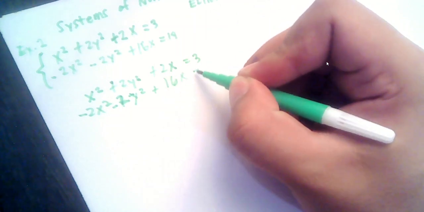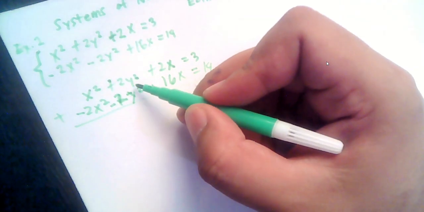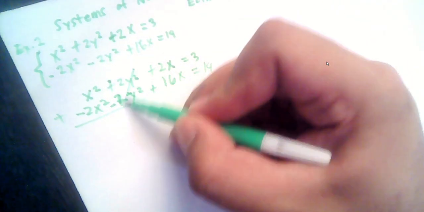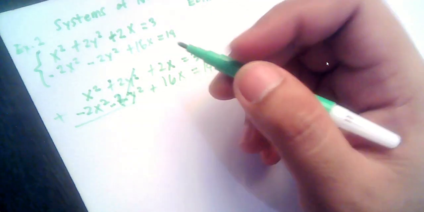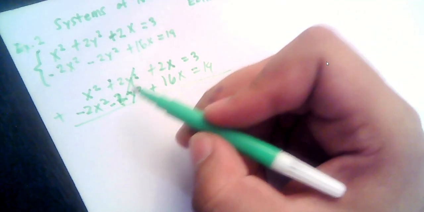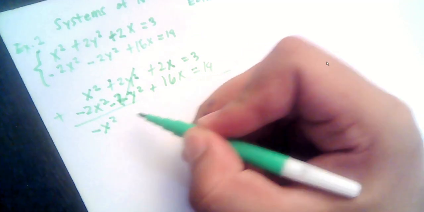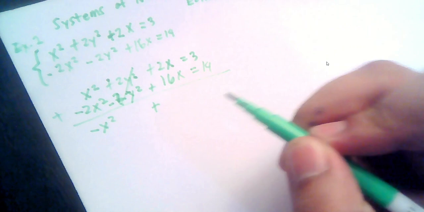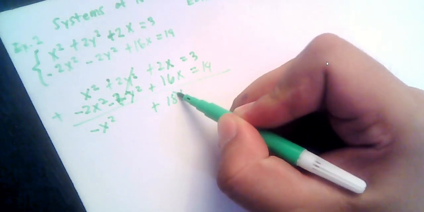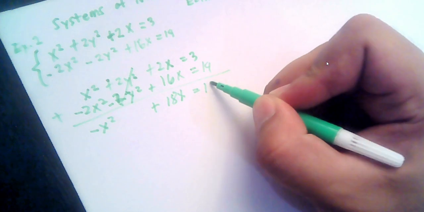It's good because they are aligned already. So you can simply eliminate by adding them. Of course, we see 2y squared can be eliminated because they have the same term and the opposite sign. So negative 2x squared and x, leaving you with negative x squared, we know that, plus, they are both positive, though, that is 18x, 3 plus 14, that is 17.